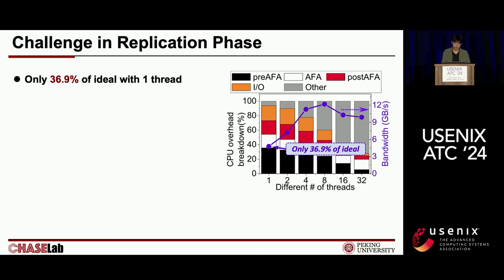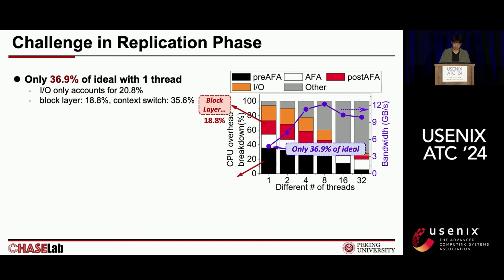This is because the frequent context switches and the tedious storage stack consume tremendous CPU cycles, while I/O only accounts for 21%. Even worse, extra threads cannot lead to scalable performance because of lock overhead.